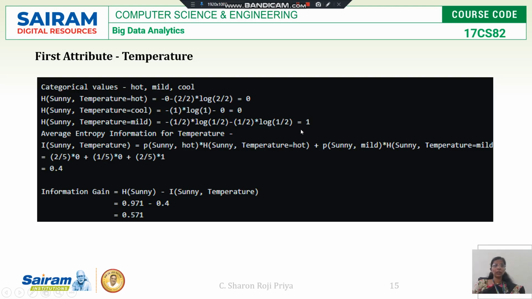It should be 1. Next, you have to calculate the average entropy information for temperature. Hope you remember the formula. It is the summation of Pi plus Ni by P plus N, into the entropy. This i stands for the categorical values. How many categorical values are there? 3 categorical values.